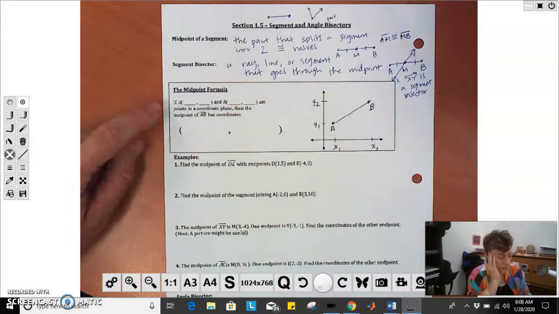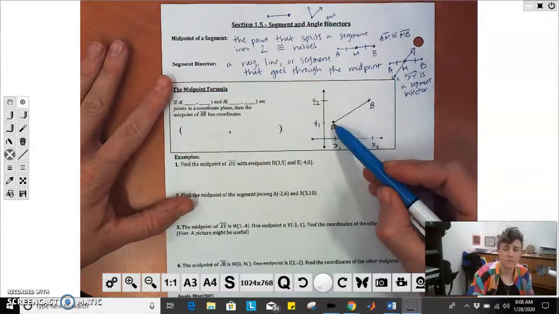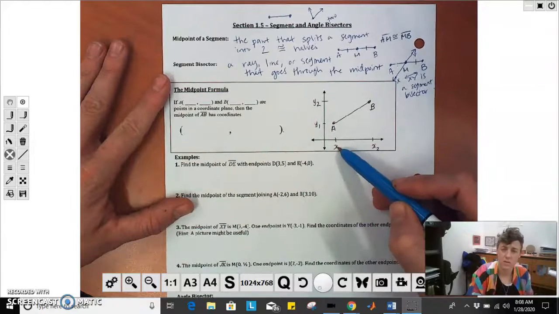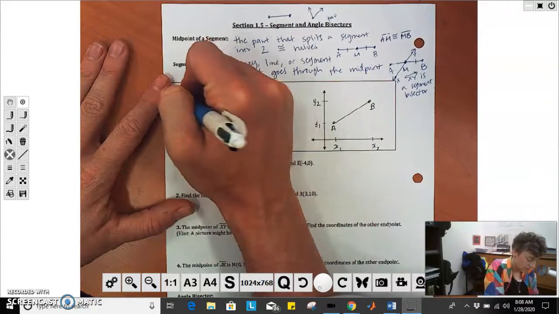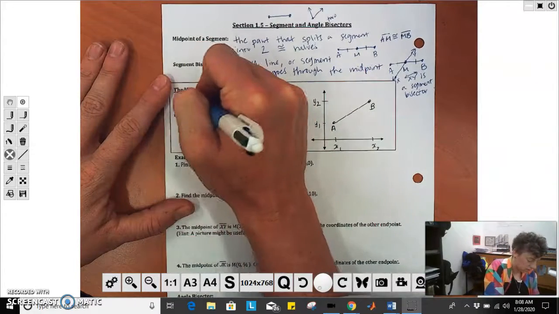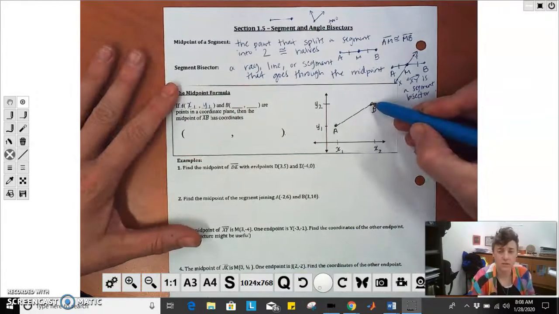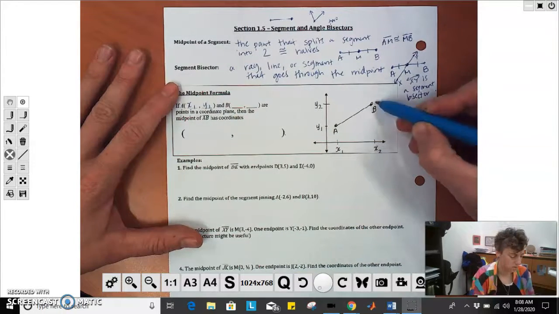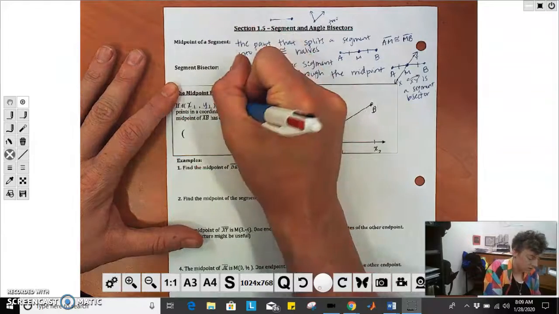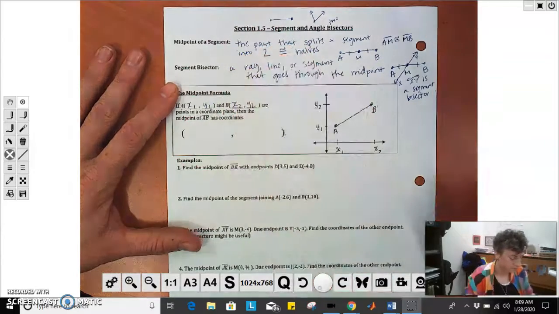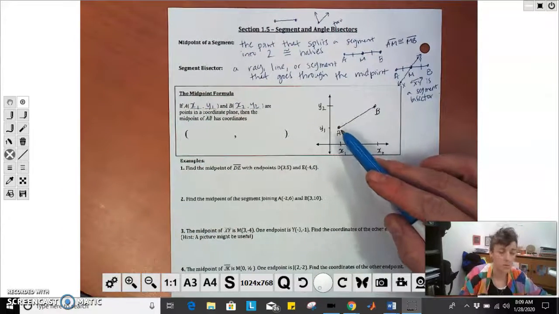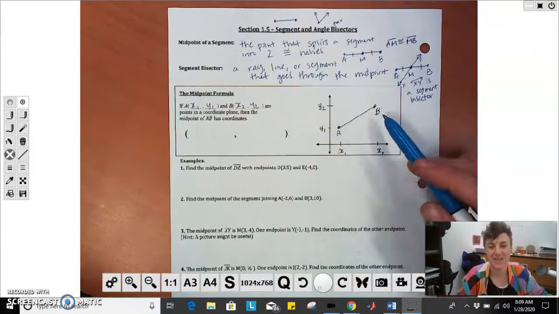Now we can find midpoints if they're on a coordinate plane too. So let's say, for example, we've got this point A. It's got coordinates x1, y1. And we've got this other point B that has coordinates x2, y2.